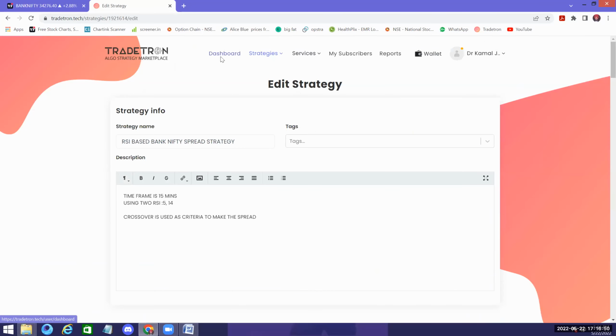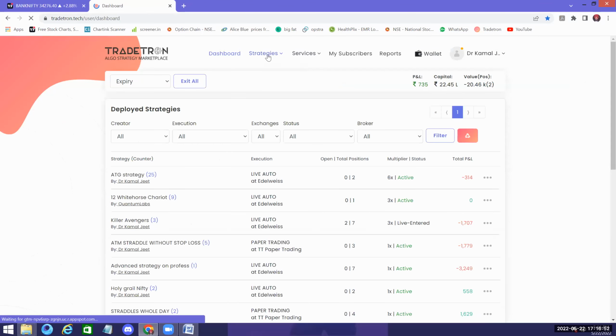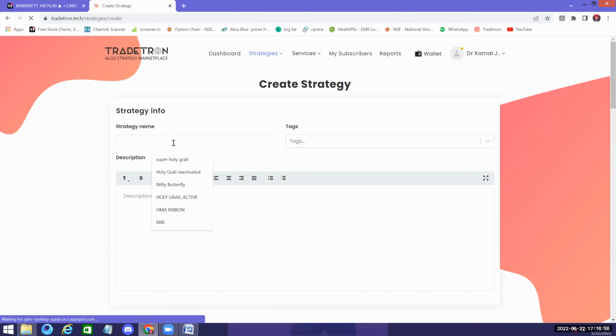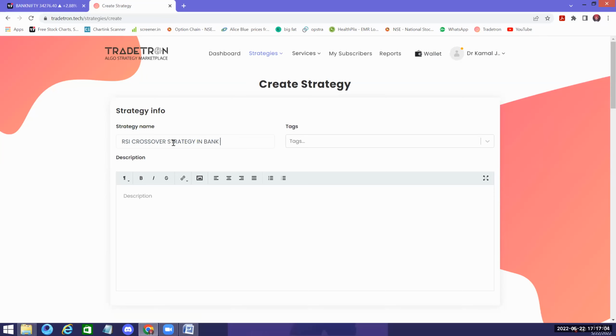I've already made it, but mine is a little different. So we make a new strategy, we create it. This is an RSI crossover strategy on Bank Nifty. Now, this is a simple strategy.